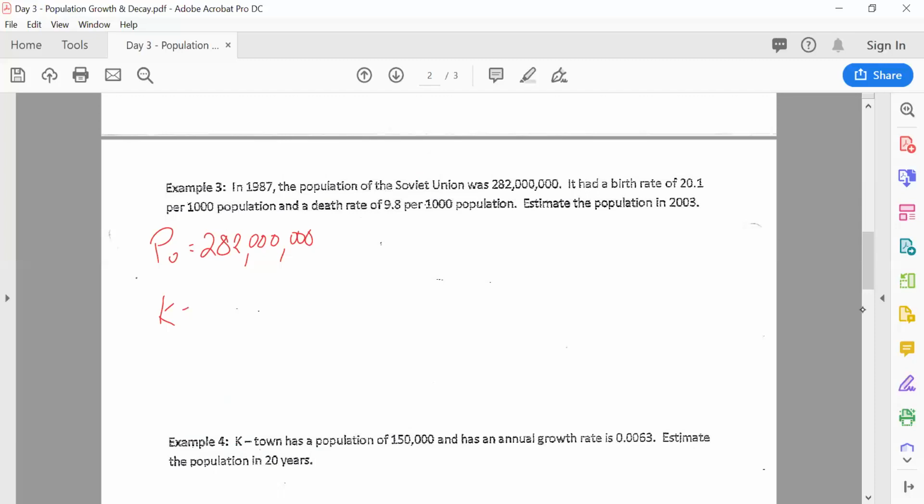So I have to do birth rate minus death rate here. So I'm going to do 20.1 over 1,000 minus 9.8 over 1,000. I'm not going to go to my calculator again because you saw me do it on the first example, but if you do it on your calculator, you should get 0.0103.